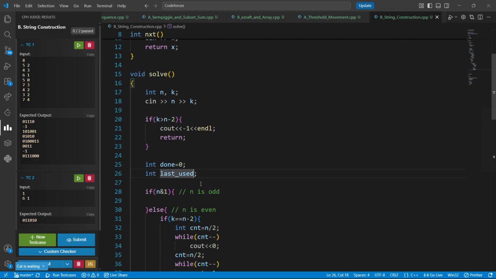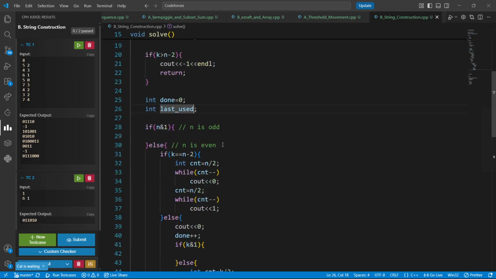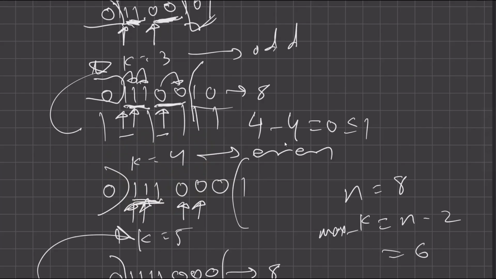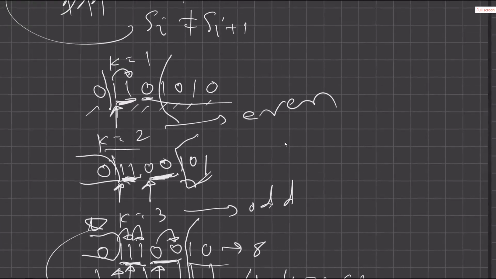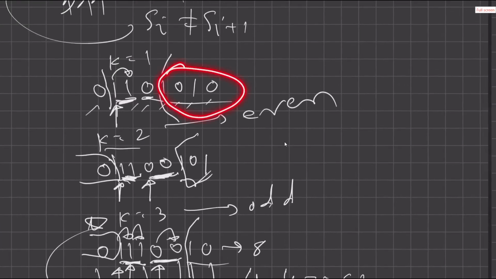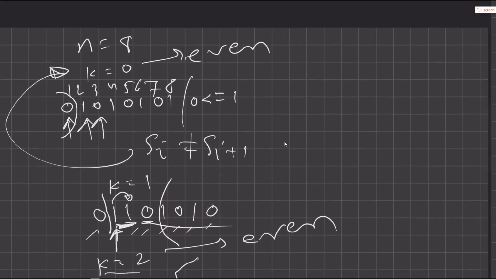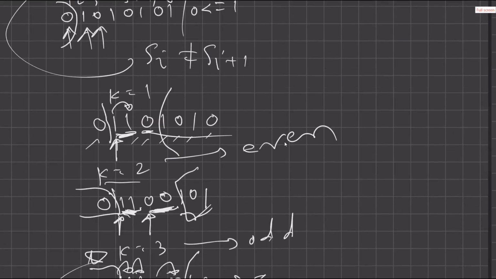When we are constructing these patterns, what last element we used, in order to make sure of the other patterns we are creating. Let's say when k is 0, let's say when k is 1. So you'll be printing this 1 1, let's say.